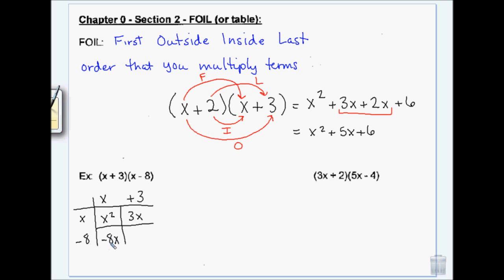Negative 8 times x gives me negative 8x. And then negative 8 times 3 gives me negative 24. If you use this method, you'll notice that your diagonals line up your like terms. So you're going to add those two together. So I'm going to get x squared minus 5x minus 24.